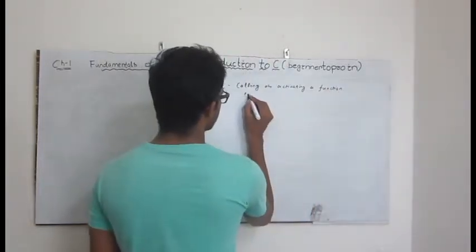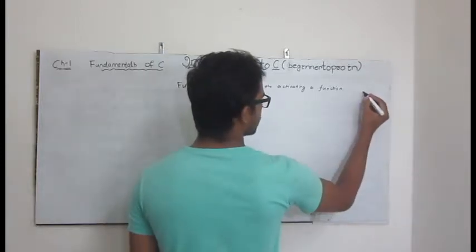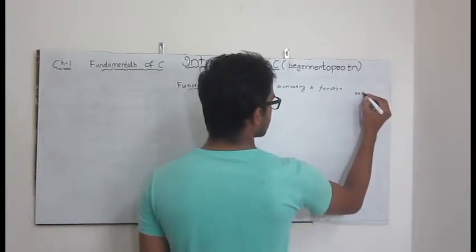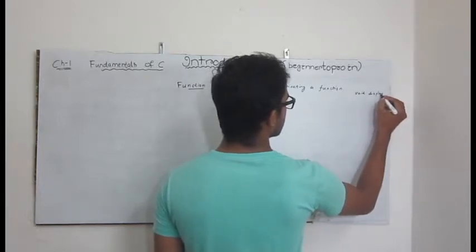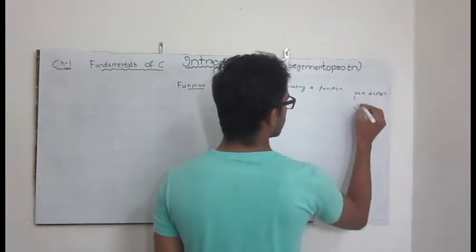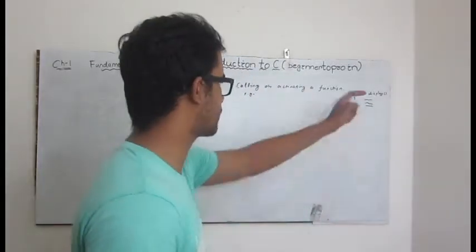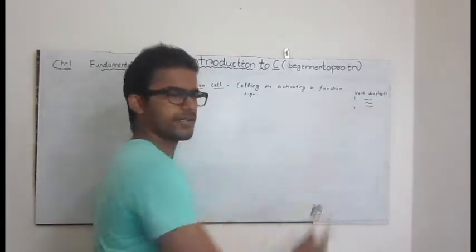For example, you have declared a function somewhere here, say void display function. Here we have written some statements. Now we need to call or activate this function.